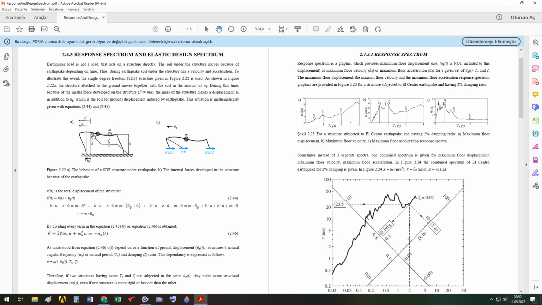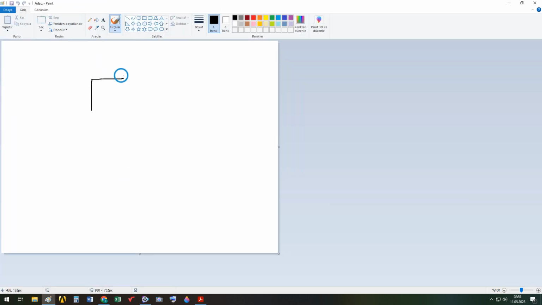And in the superstructure, first assume that the structure makes a rigid movement with the earthquake. And this amount is Ug.